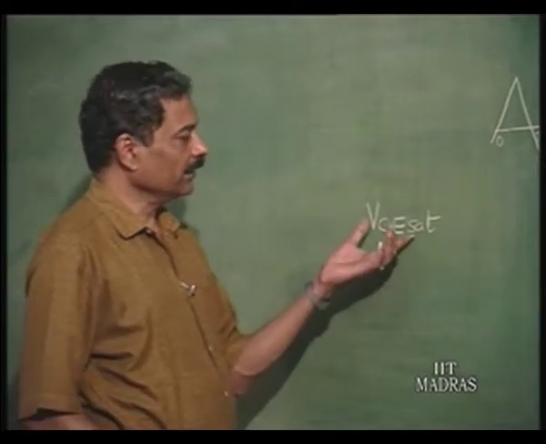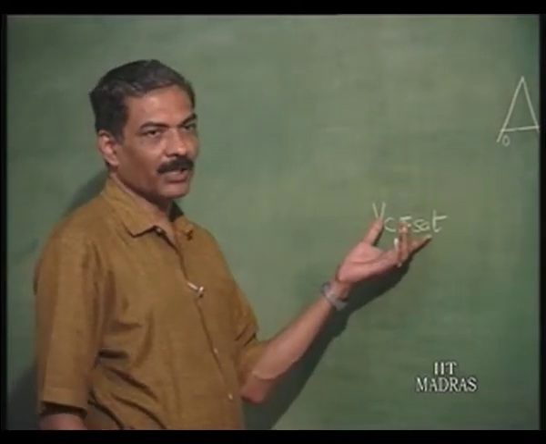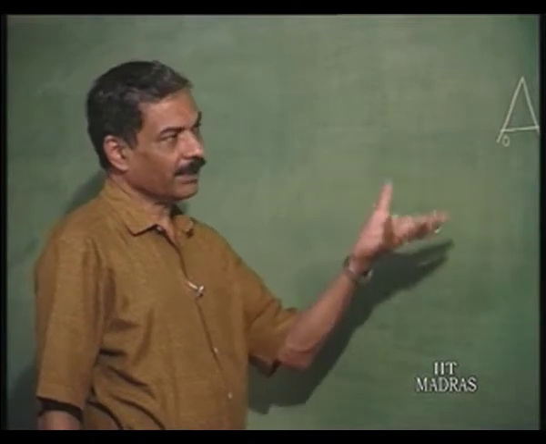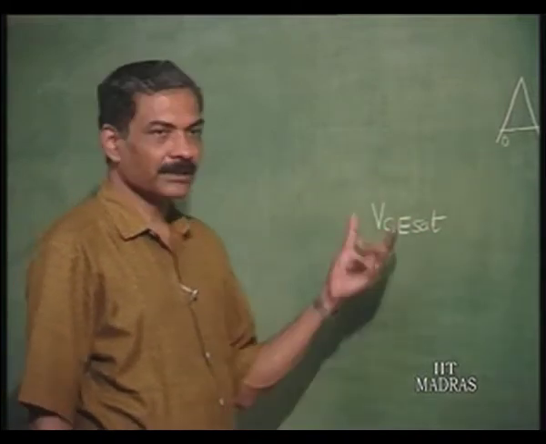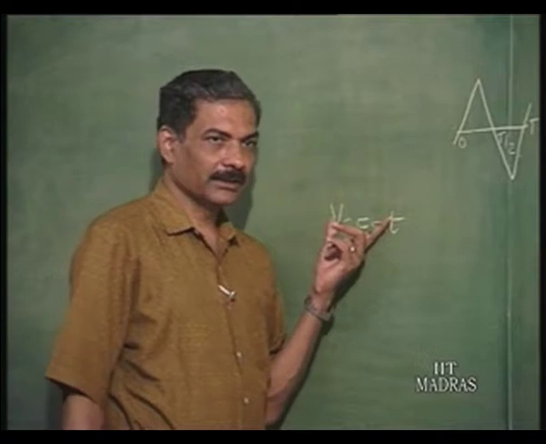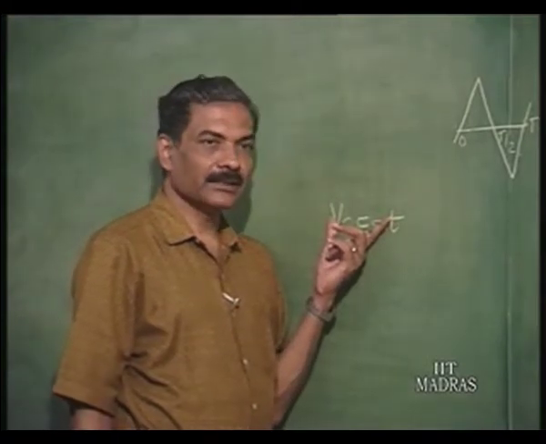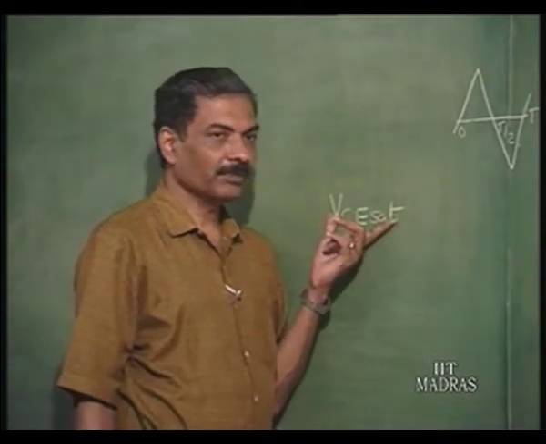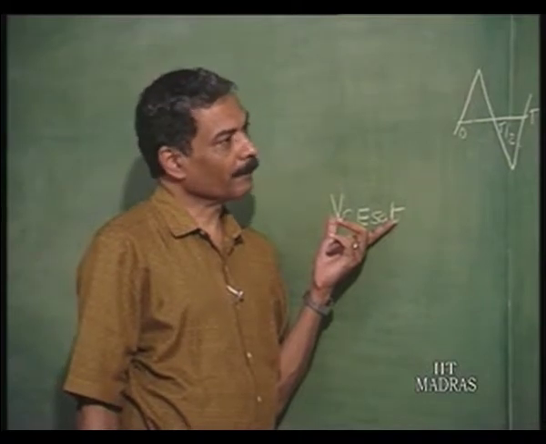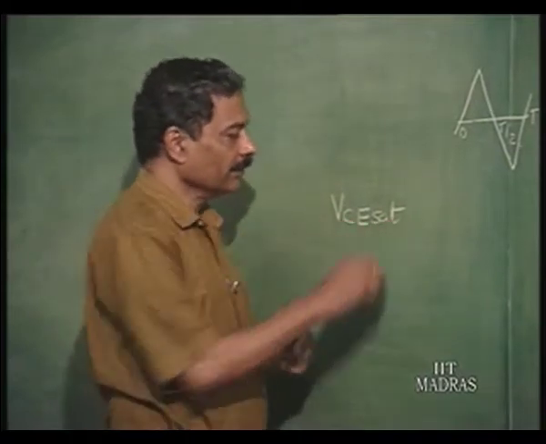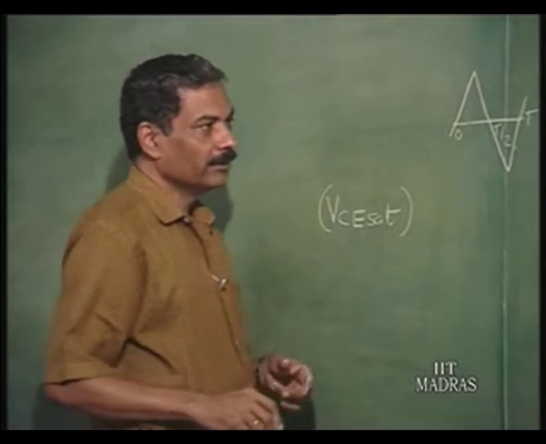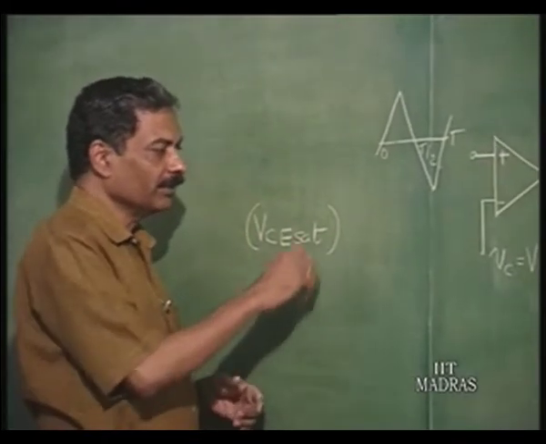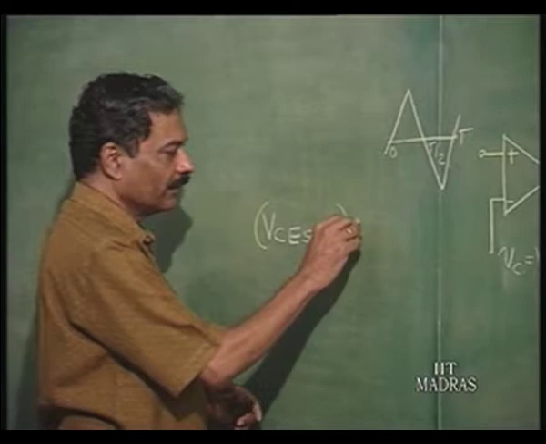So, this VC sat for small signal is of the order of 0.2 to 0.3. It may be pretty high because some ohmic resistance drops also occur, along with junction drop. Therefore, this voltage may be as high as 1 volt or so, and that is going to permit certain amount of current to flow.